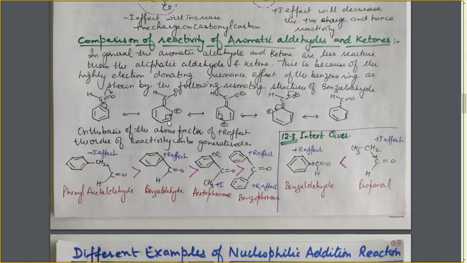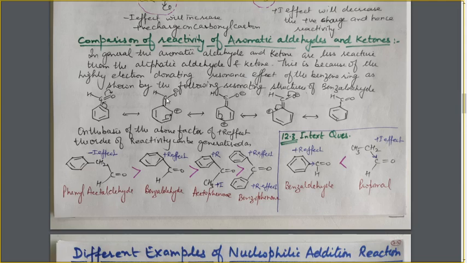In these structures, the benzene has the positive charge, whereas this group has the negative charge. So it means the benzene ring has donated electrons towards this aldehyde group. Because of the plus R effect, it has donated electron density towards this carbon atom, which decreases the positive charge on this carbon atom.